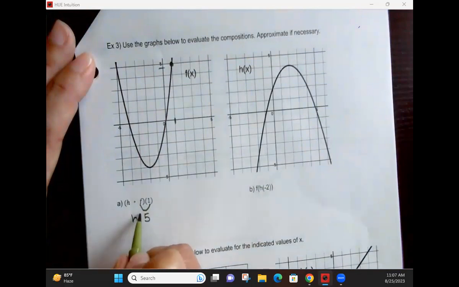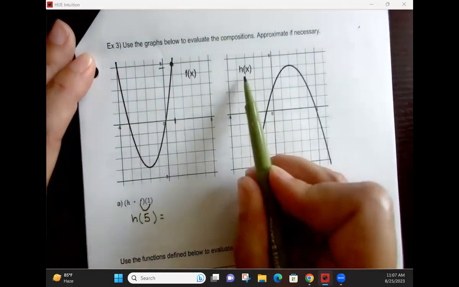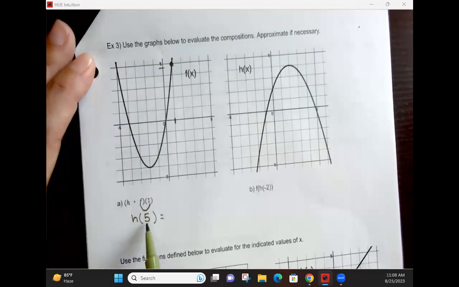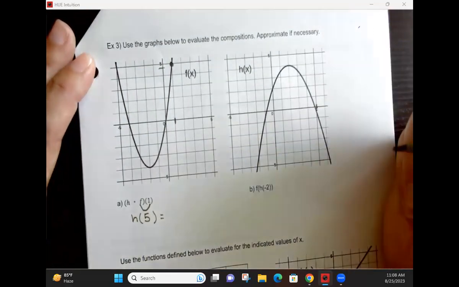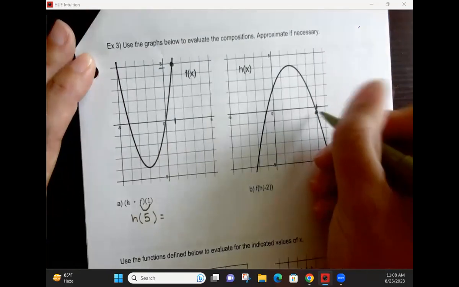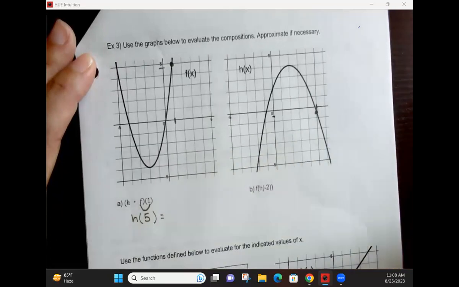Now I want to find h of 5. So I'm going to go to my h of x graph. We're using an input of 5, an x value of 5. I'm going to follow that to the point on my graph and give that output. Our directions do say approximate if necessary, so we've got to estimate here.